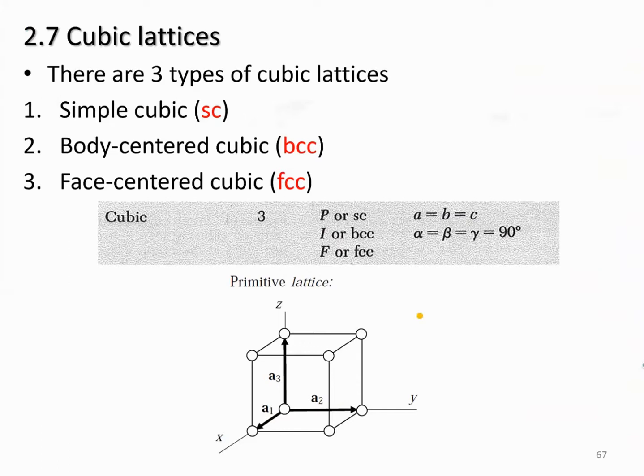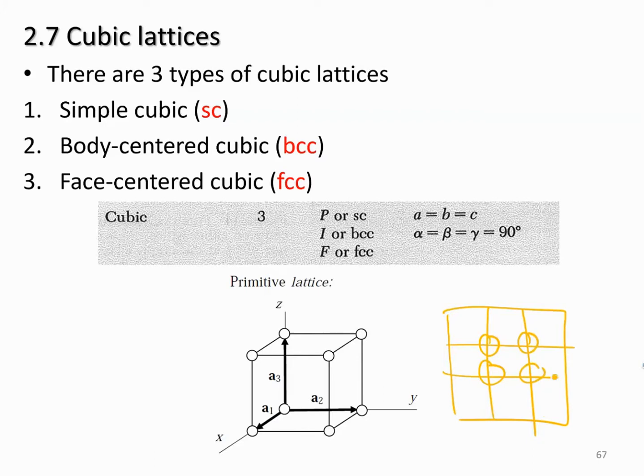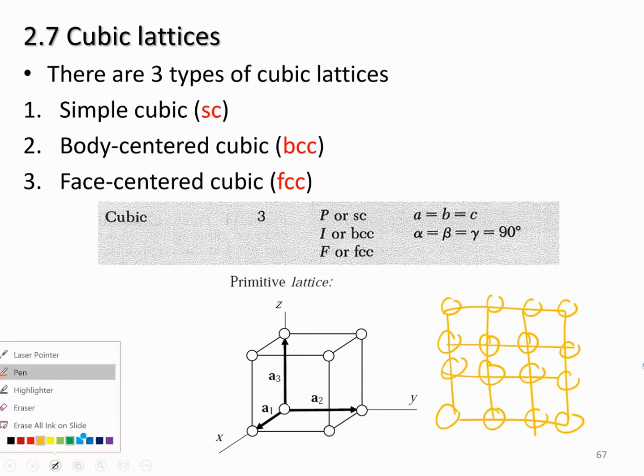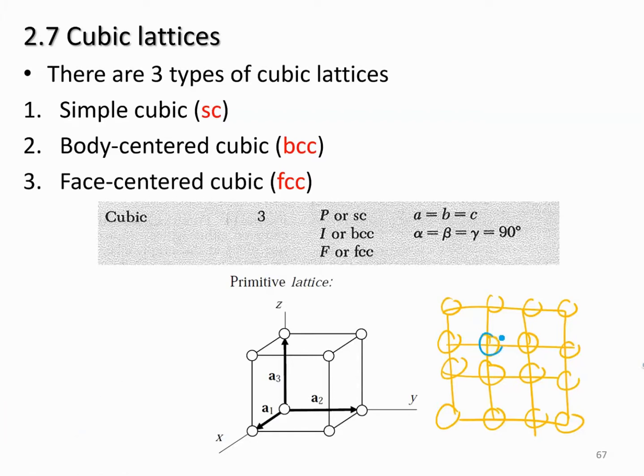Why? Because this is 3D. If I draw in 2D, so this is cubic, although it doesn't look like a cube, just assume that this is cubic. This atom is actually shared by 4 unit cells.